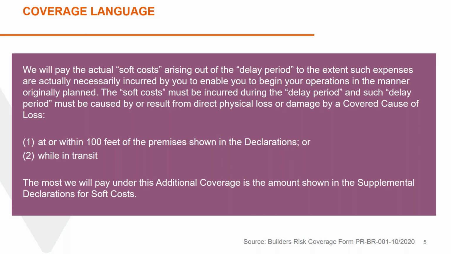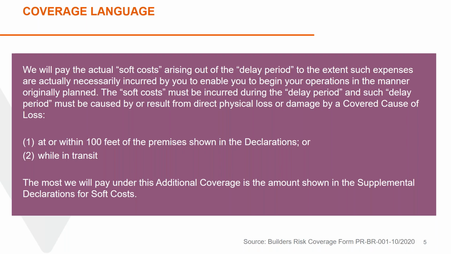Soft costs must be incurred during the delay period, and such delay period must be caused by or result from direct physical loss or damage by a covered cause of loss at or within 100 feet of the premises shown in the declarations or while in transit. So that's really the crux of the whole matter. We had this little thing called a pandemic in the last couple of years.